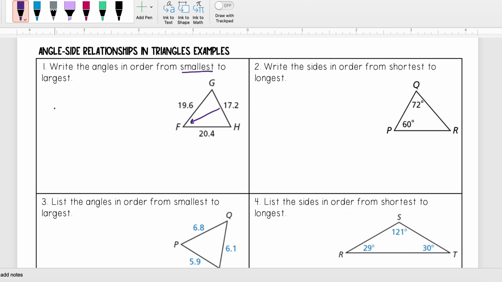And so that is angle F. And now to keep going, I'm going to go to the next smallest side. So the next smallest side is 19.6. And so that means that my next smallest angle is angle H. And then that just leaves my largest angle is across my longest side, which is angle G.